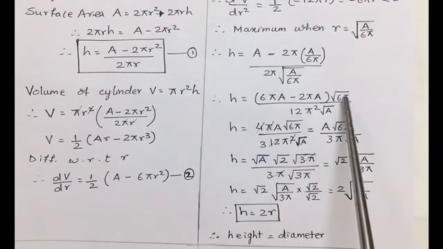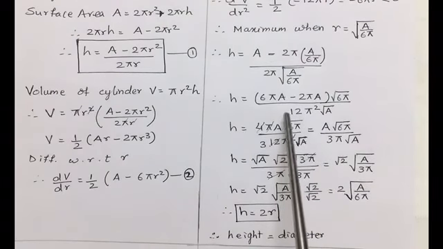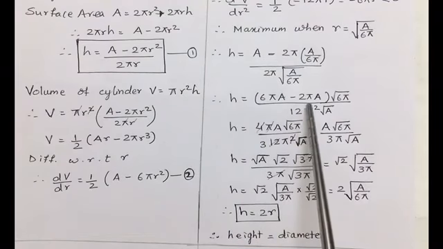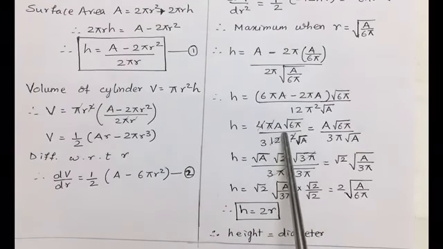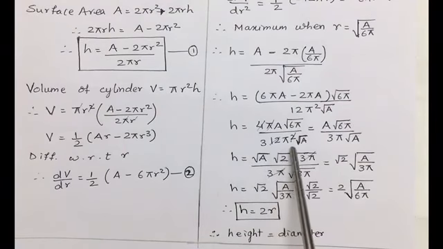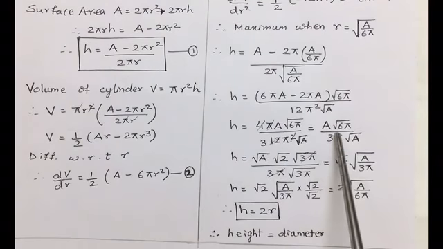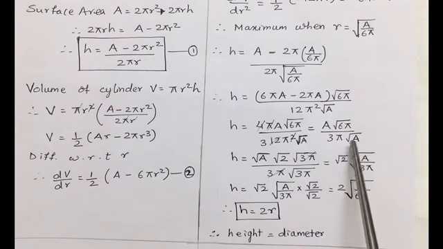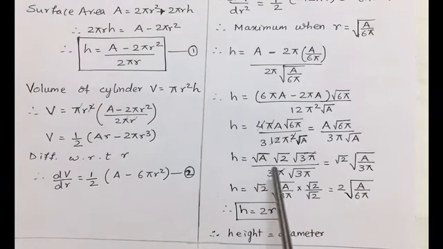Root of 6 pi goes up. 6 pi a minus 2 pi a gives 4 pi a root of 6 pi divided by 12 pi square root of a. Cancellation gives us a root 6 pi upon 3 pi root a. Cancellation of this root a makes it root a.